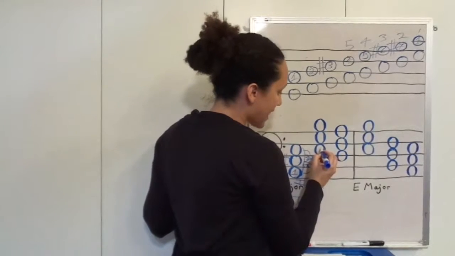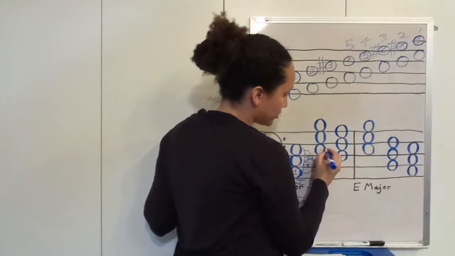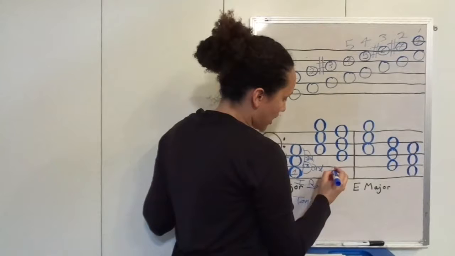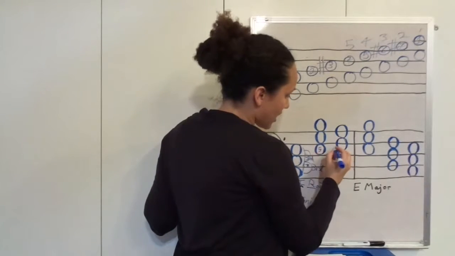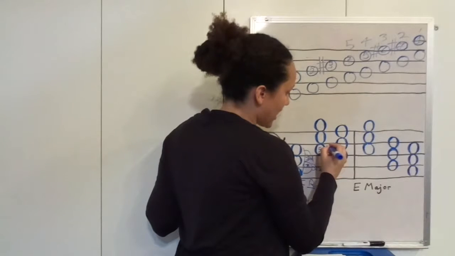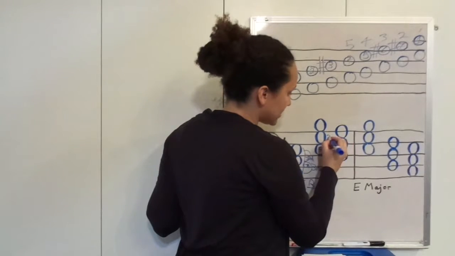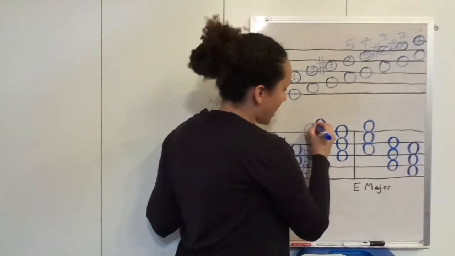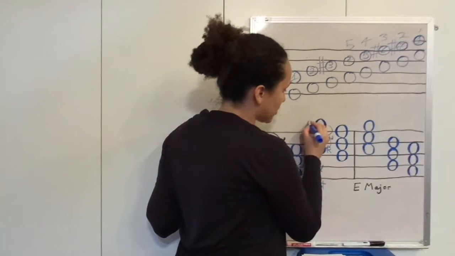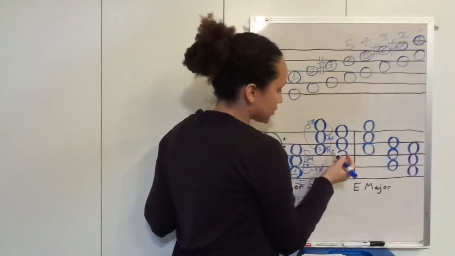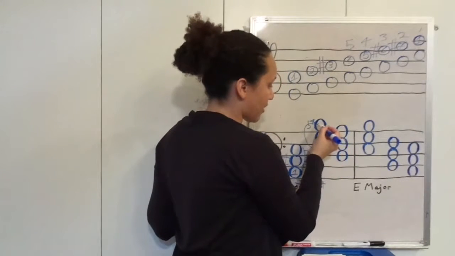So for the 5 chord, our root is going to be the E. So there's our 5, but this is also called the root. And a third above that is our third. And then a third above that, or a fifth above that, is called our fifth. So we have our root, our third, and our fifth.